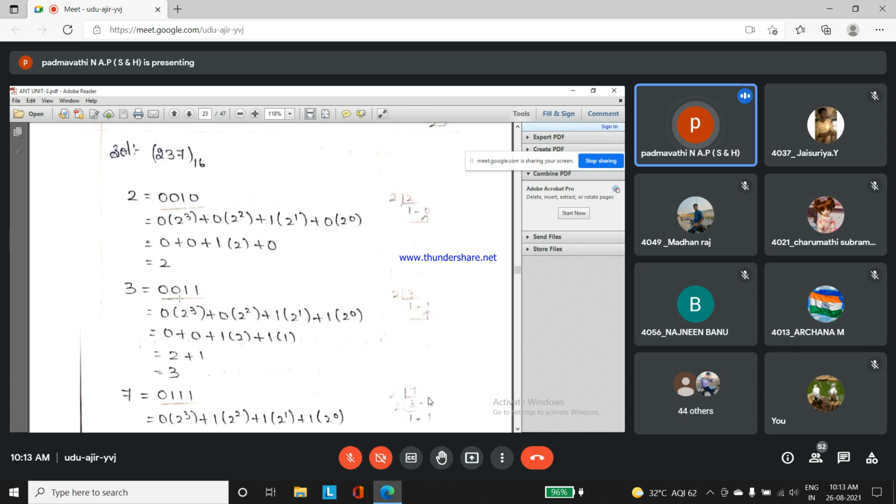Add the previous 0 0, so the binary number for 3 is 0 0 1 1.